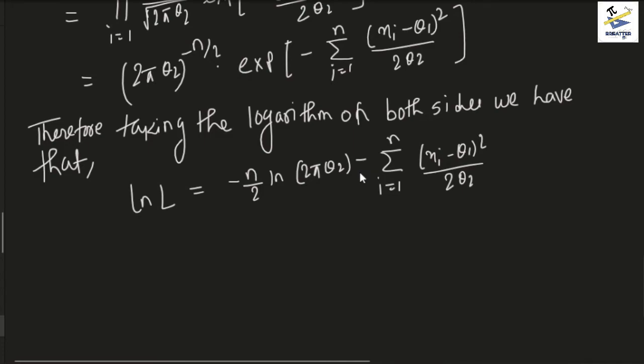Now to find the maximum likelihood expressions for theta 1 and theta 2, we need to do them one by one. So let us start with theta 1.